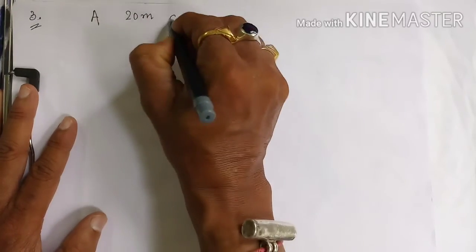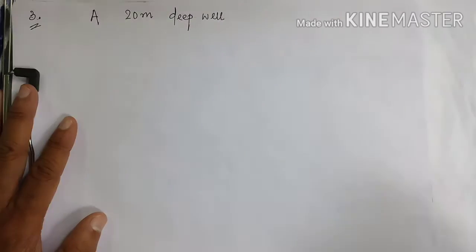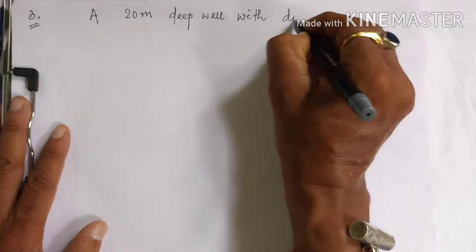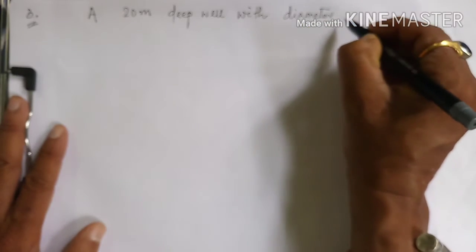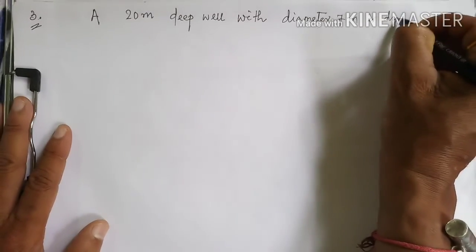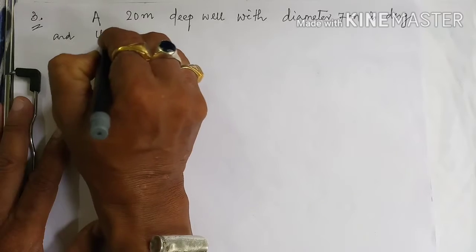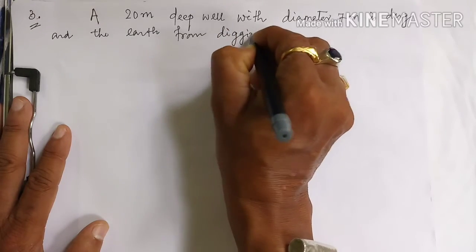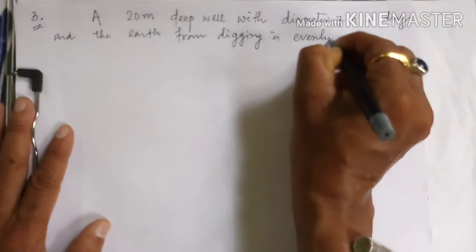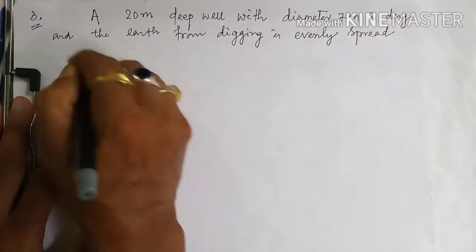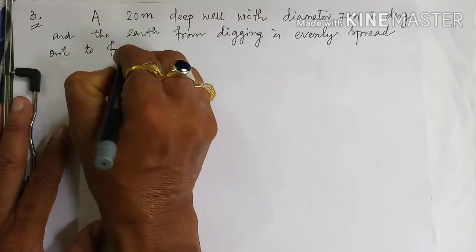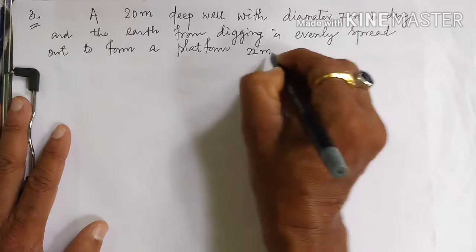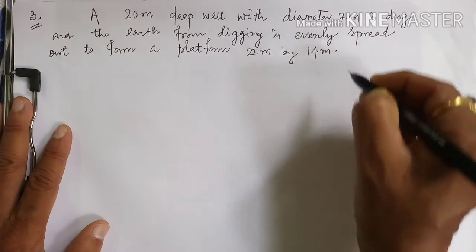A 20 meter deep well with diameter 7 meter is dug, and the earth from digging is evenly spread out to form a platform 22 meter by 14 meter.